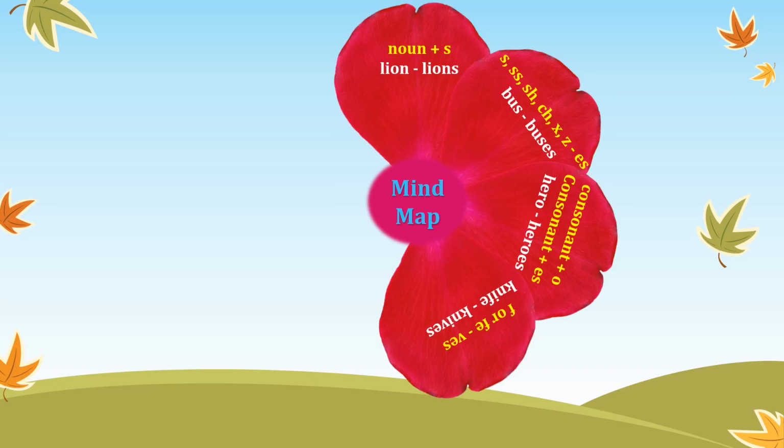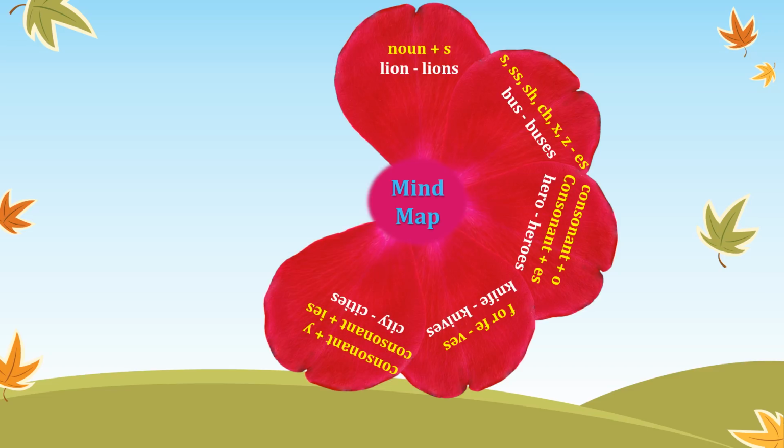Rule number 4. If your noun is ending with f or fe, just cut them and use ves. For example, knife is ending with fe. Just cut fe and write ves. So knife becomes knives. Rule number 5.